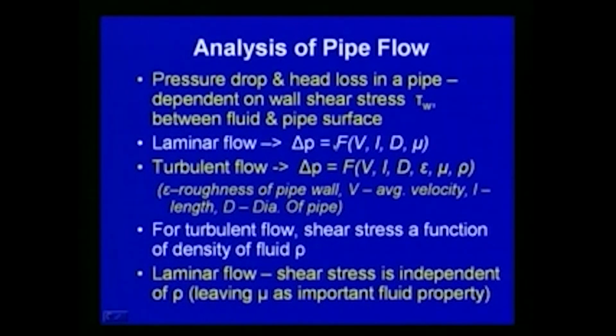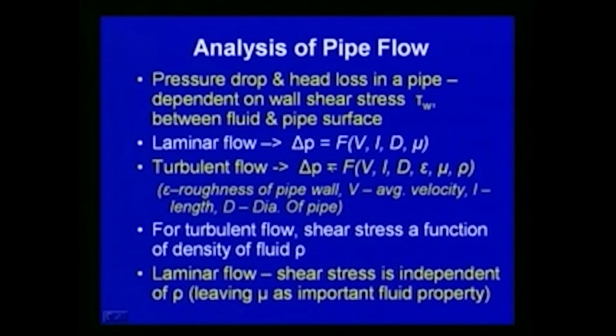For laminar flow, the pressure drop delta P will generally be a function of the average velocity V, the length of the pipe L, the diameter of the pipe D, and the coefficient of viscosity mu.